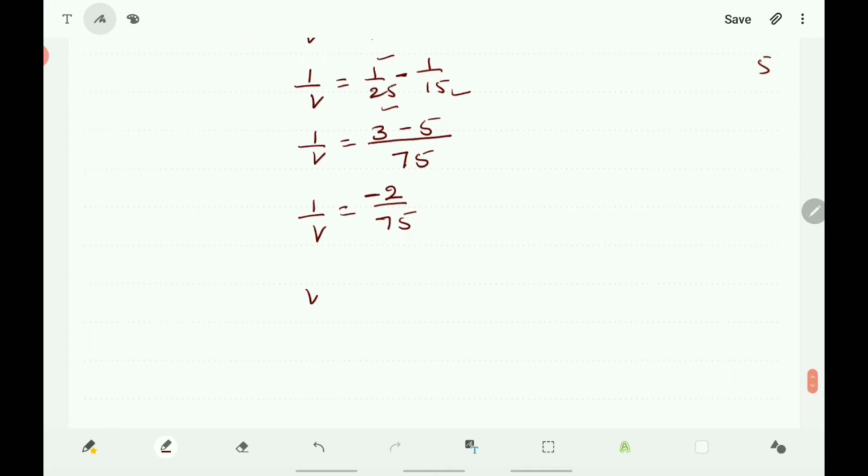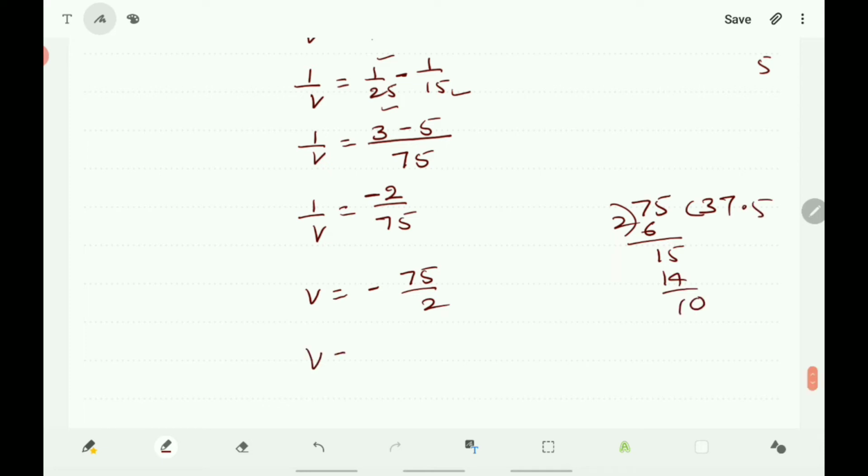So you write v is equals to minus 75 by 2. Divide 75 by 2: 2 3s are 6, and 2 7s are 14, then 2 5s are 10. So v is equals to minus 37.5, negative 37.5 centimeter.